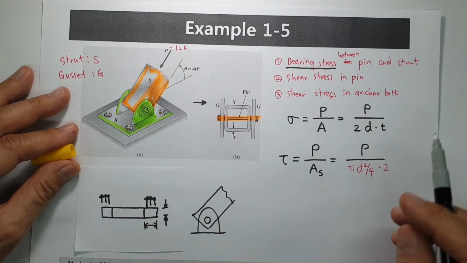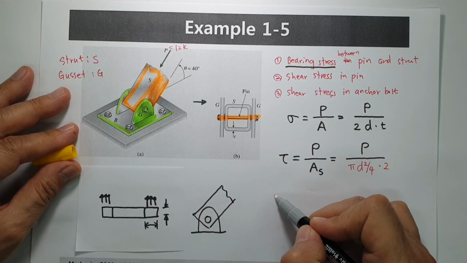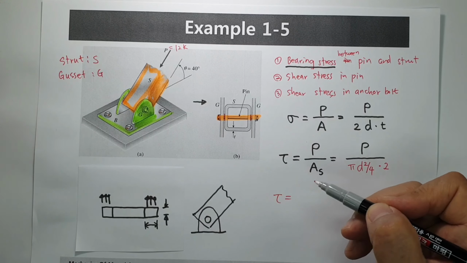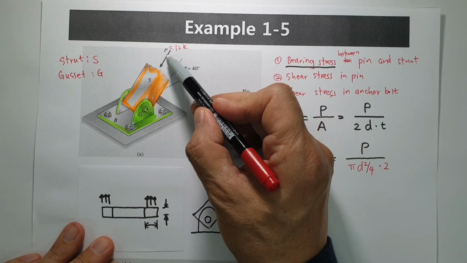Next, shear stress in the anchor bolt, also tau. When you consider the anchor bolt here, this force is acting like this.